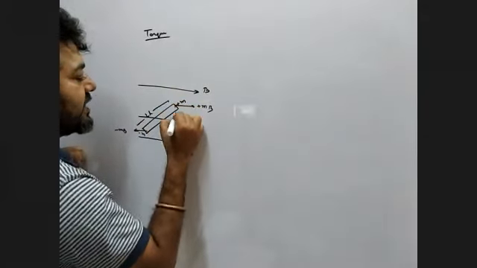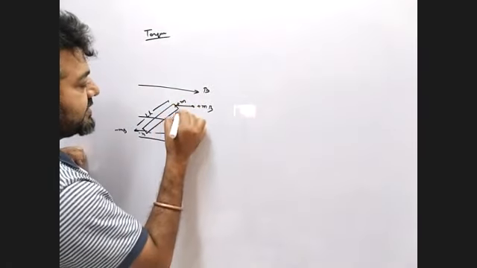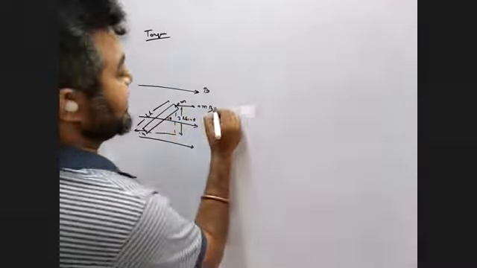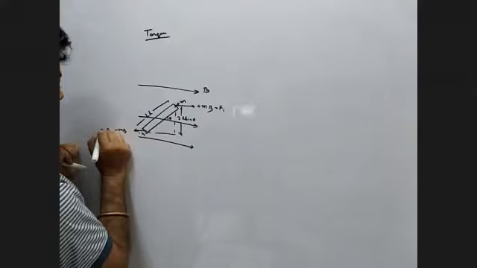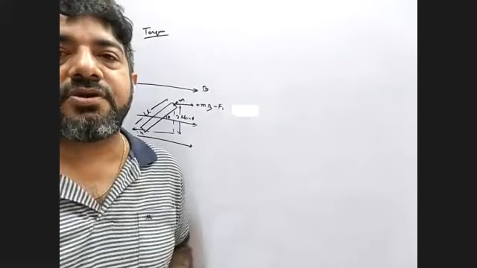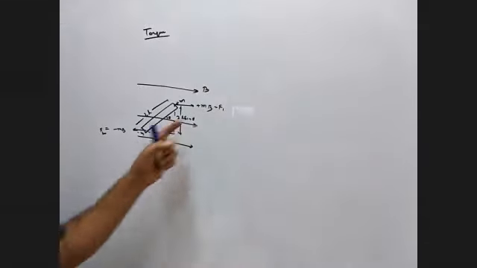This length is 2L. This angle is theta. So this is 2L sine theta. F1 and F2 are equal in magnitude, opposite in direction. So net force is 0.